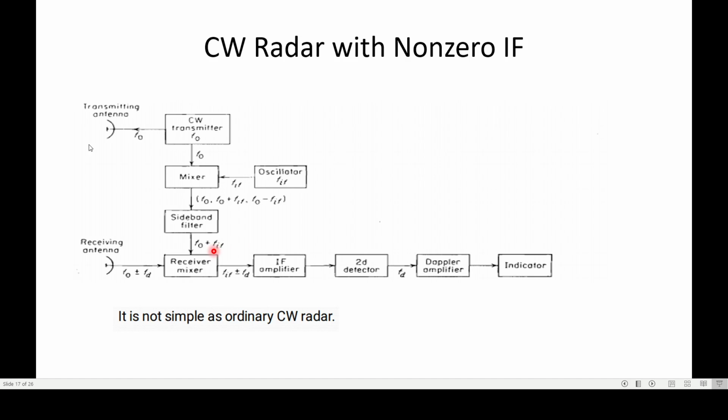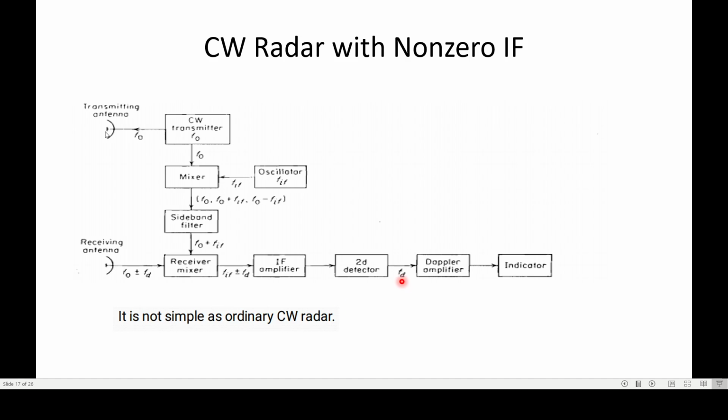Here we are using separate antennas. Transmitting antenna and receiving antenna are separate. There is no duplexer because for continuous wave radar it is not possible to use a duplexer to separate the transmitting section and the receiving section. In pulsed radar it's possible.